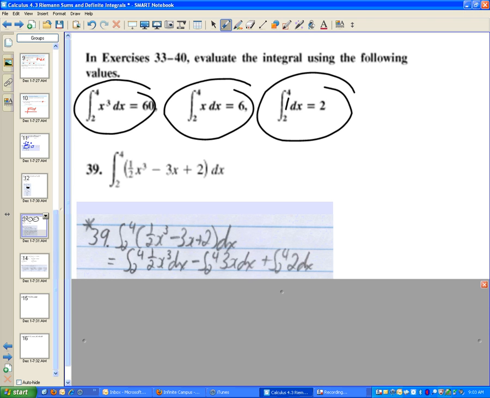And then since it's minus 3x next, minus the integral from 2 to 4 of 3x dx. Or I could have put plus and then a negative 3x, but what am I going to do with that negative on the next step? I would have factored it out and put it in front. Plus the integral from 2 to 4 of the last term, dx.